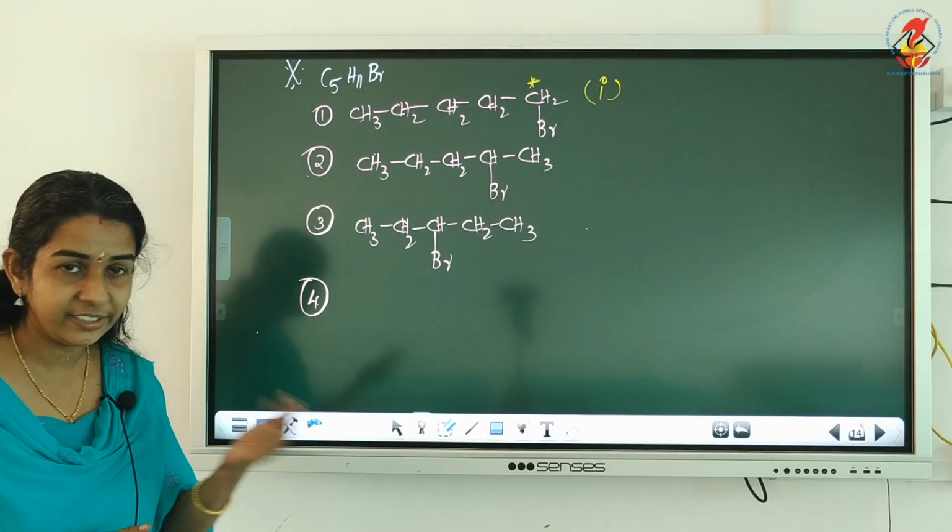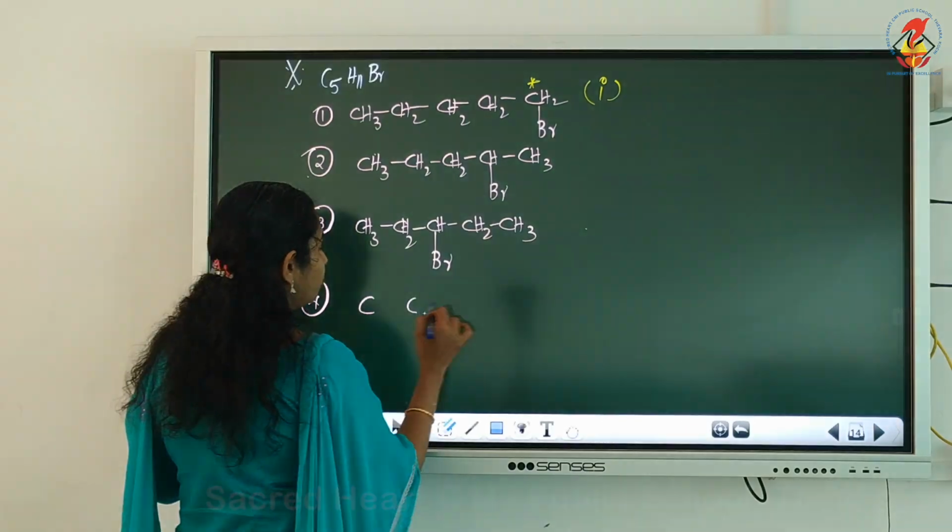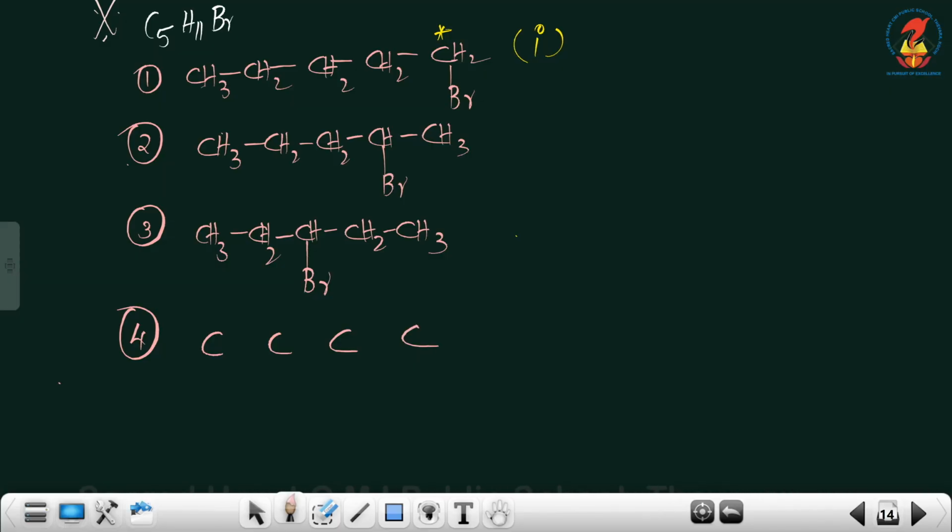Now I am going to change the chain. 1, 2, 3, 4 carbon straight chain and 1 carbon is coming as a branch. And here I am writing bromine on the first carbon. So CH2, CH, CH3.